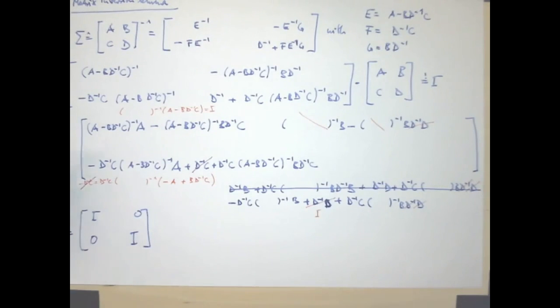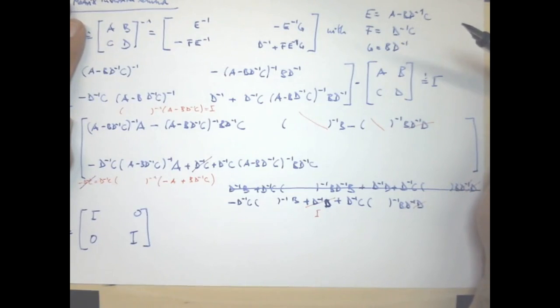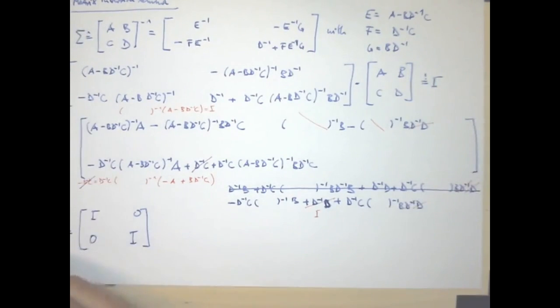Why is it a proof for one solution? Oh, and you think there could be other solutions? Well, if the matrix inverse is unique, then this is going to be the only solution, because the matrix inversion is unique.